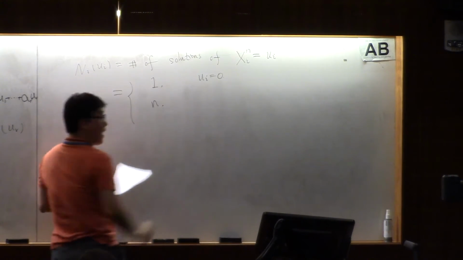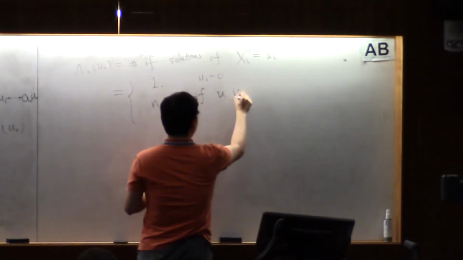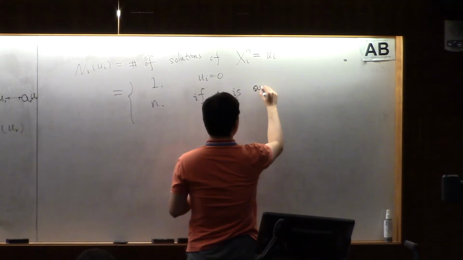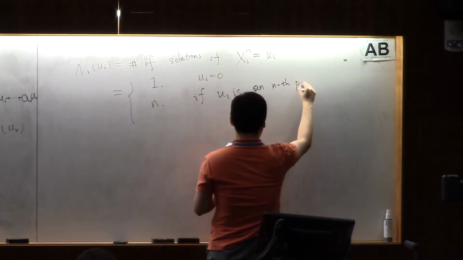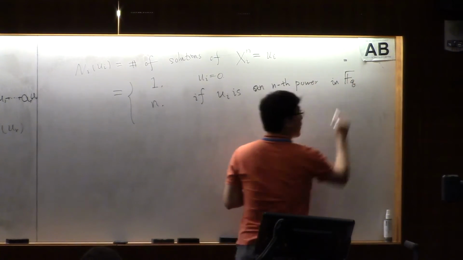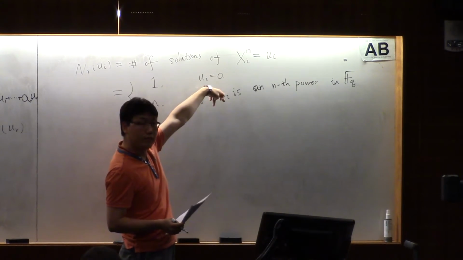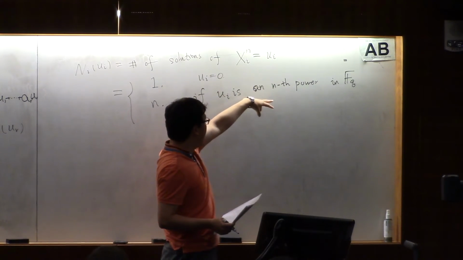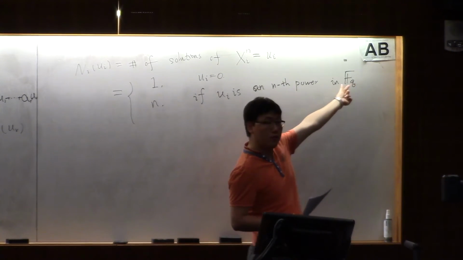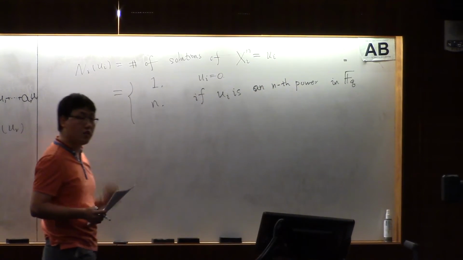And you have n solutions if this u_i is an nth power in the finite field F_q. Or in other words, if this u_i can be written as an nth power of some element in F_q, then you can show that this equation will have exactly n solutions.